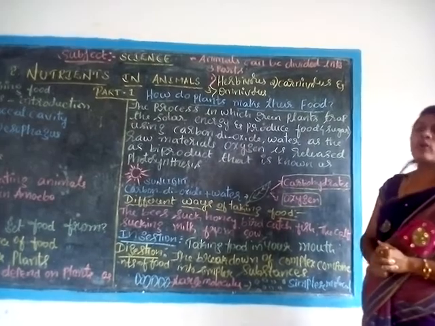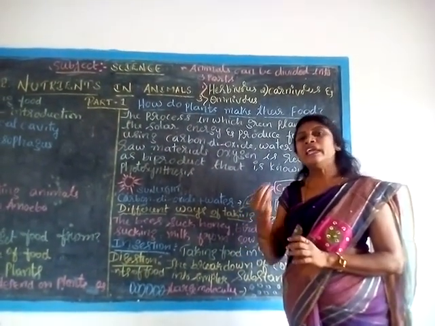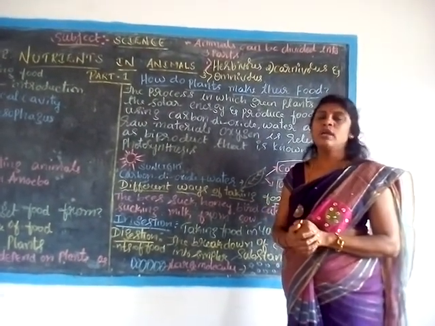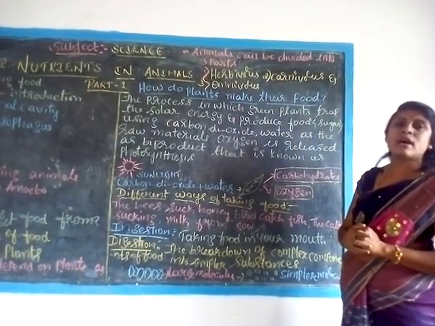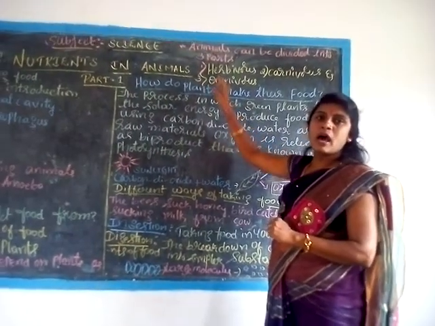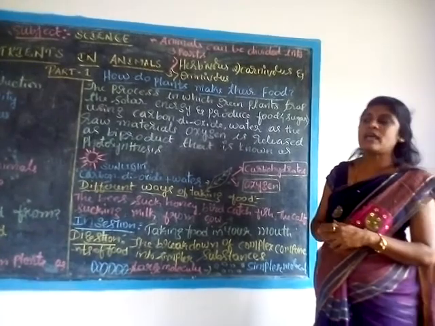What are herbivores? Herbivores are the animals which take plants as their food. They eat only plants. In the name itself it is there, herb. Herb means plant. The plant eating animals are called herbivores.